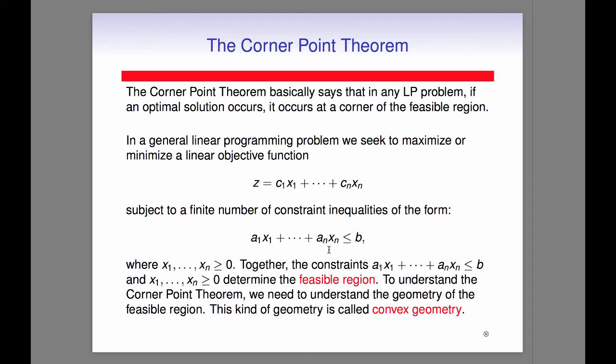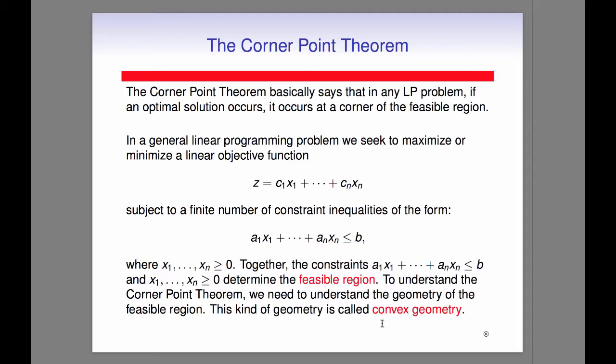The numbers a1 to an and b are just real numbers. These constraints determine the feasible region, and the corner point theorem says that the solution, which is the maximum or the minimum value of z, whatever is required, if it exists, will occur at a corner.